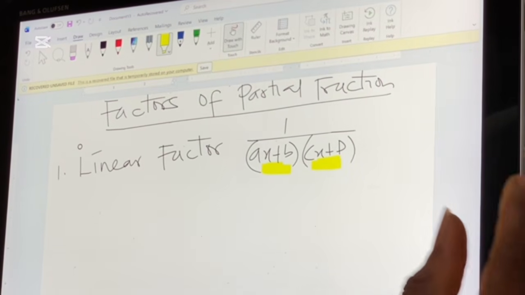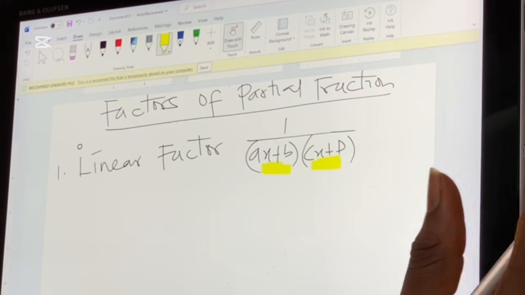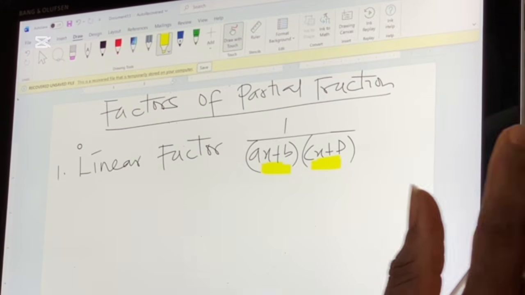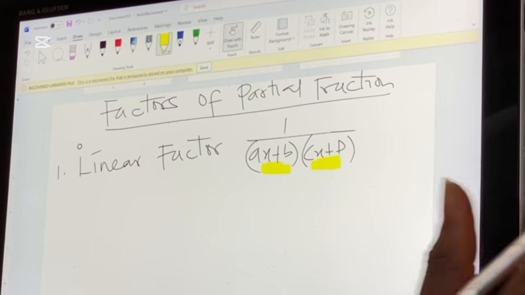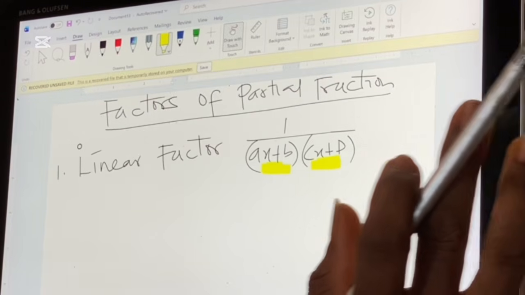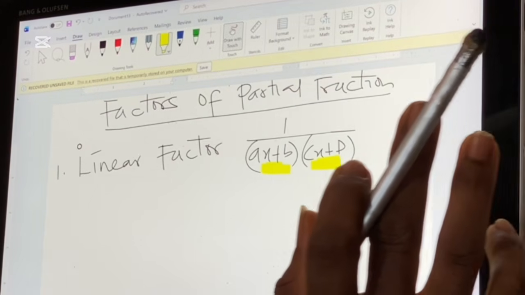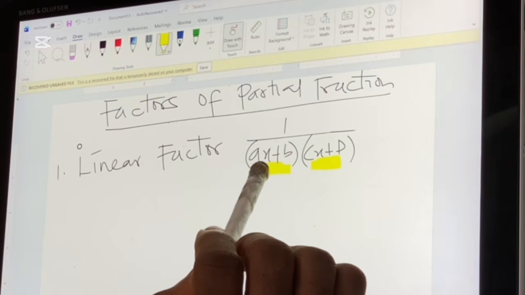Now, for you to identify the factors, listen to me carefully. For you to identify the factors in partial fraction, we always focus on the denominator expression. Please take note. This is the denominator part here.